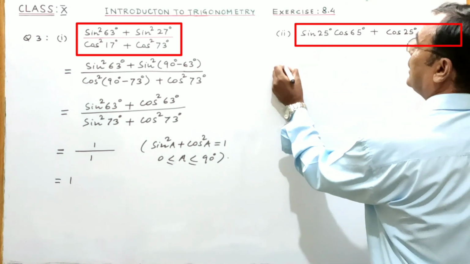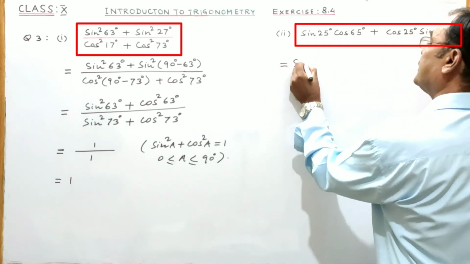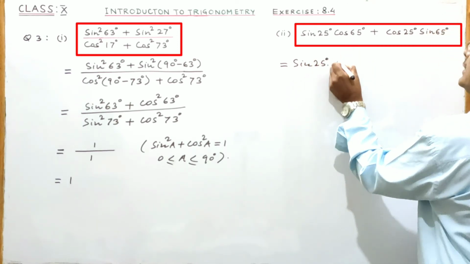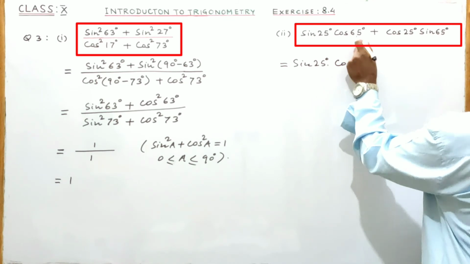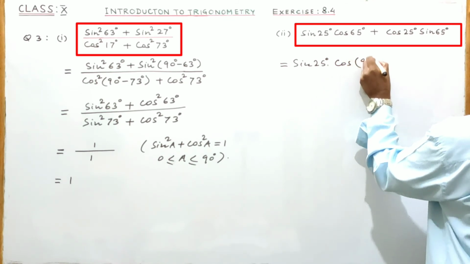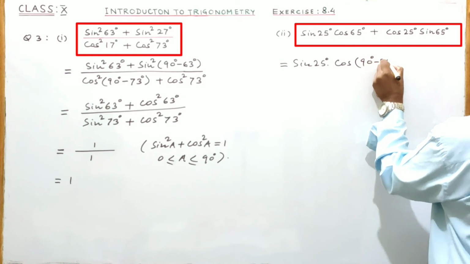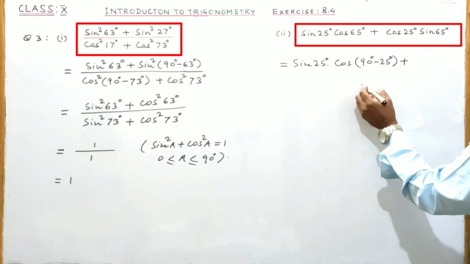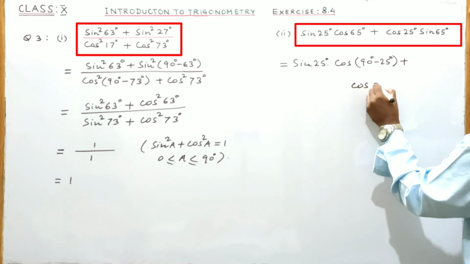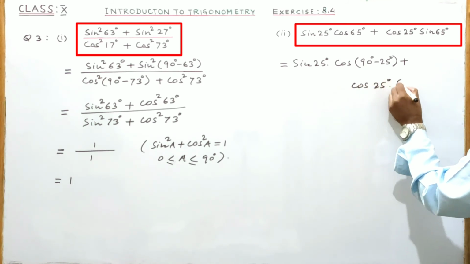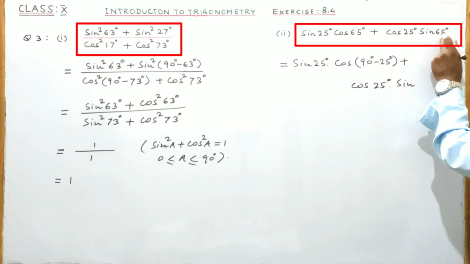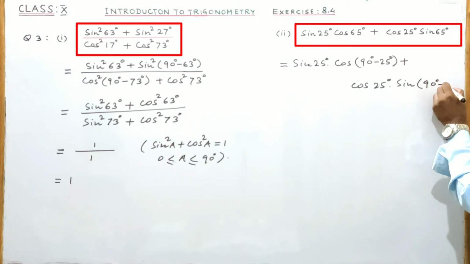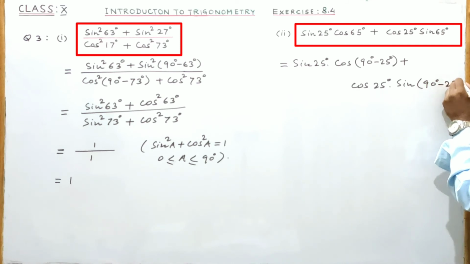So this we can write equal to sine 25 degrees into this cos 65 degrees, we can write 90 degrees minus 25 degrees, plus cos 25 degrees into sine 65 degrees, we can write 90 degrees minus 25 degrees.